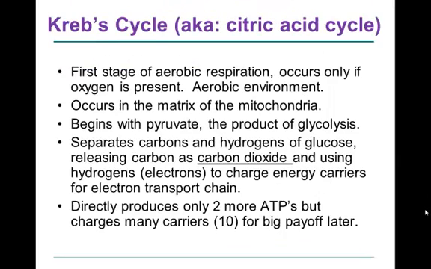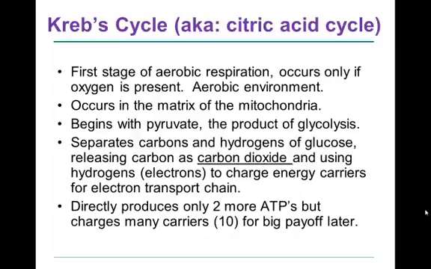So we're going to learn about these other steps that can occur if oxygen is present and pyruvate moves to the mitochondria. So the first stage of aerobic respiration occurs only if oxygen is present. That is, there is an aerobic environment, and it occurs in the matrix of the mitochondria. It begins with pyruvate that was actively transported there. You will recall that pyruvate is the product of glycolysis. In the process of the Krebs cycle, pyruvate has a lot of carbon-carbon and carbon-hydrogen bonds, and these are very energy-rich bonds.